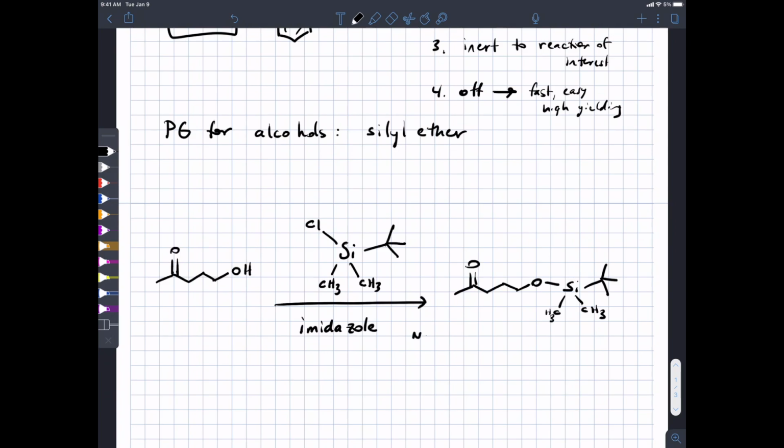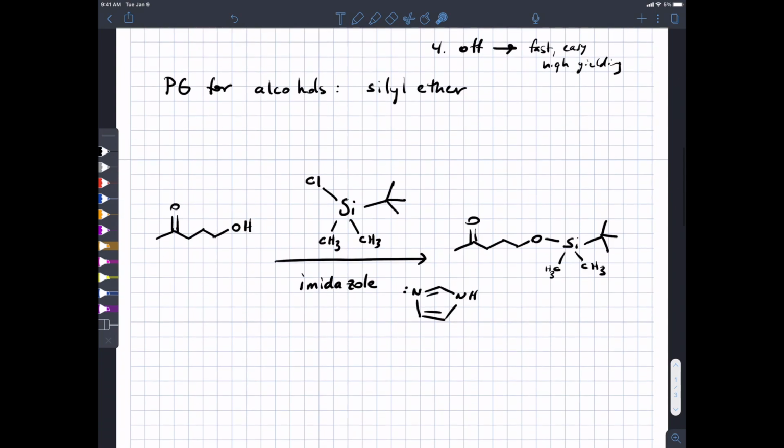The structure of imidazole, which you don't need to memorize, is this. The basic portion is the lone pair on this ring nitrogen. So you can imagine chloro leaving to give you a silyl cation. The oxygen attacks the silyl cation, and then imidazole removes the proton to give you this silyl ether, where you no longer have an acidic proton on that oxygen.